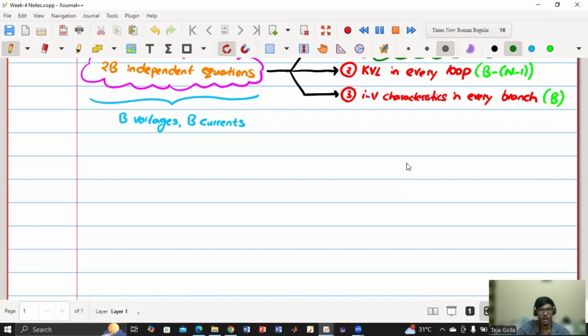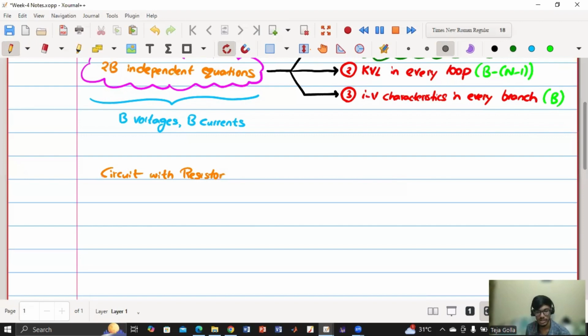So if you had any doubts at that time, you can ask me, and that concept will be much clearer. First we'll start with the circuit with resistor and current sources. The basic aim of today's session is to make sure that you understand how to apply nodal analysis for any circuit.